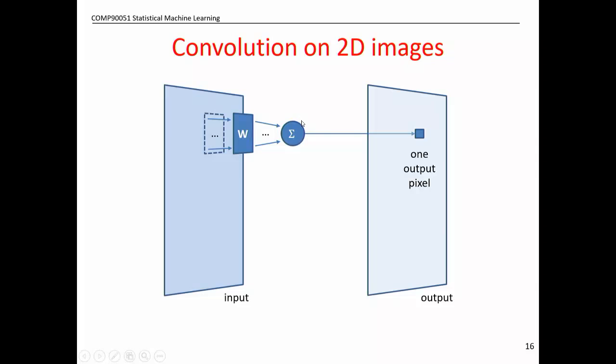So if I had 2D data, or a 2D output of a layer, I could do the same thing. Now my weight vector becomes a weight matrix. And I still slide it along, but not just in one direction. I slide it in both directions. First I might slide it along the top row, column by column, and then I go to the next row and keep going.